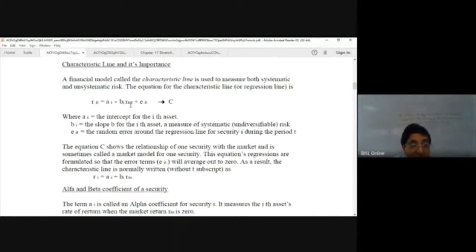So these two are variables. What we want to signify here is that the market return will have an effect on the stock return. Therefore, we have taken market return and stock return as two variables. Market return has been taken as the independent variable, and stock return has been taken as the dependent variable.